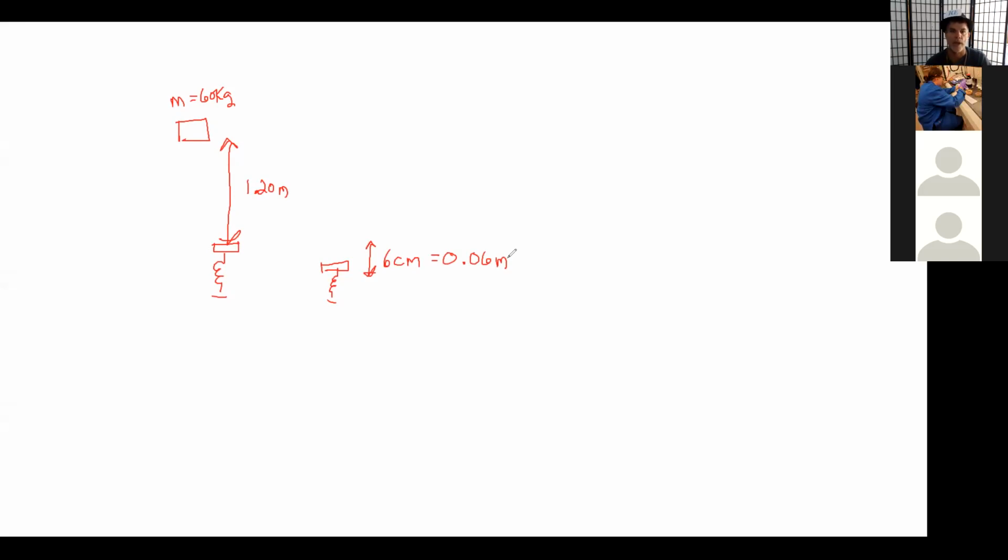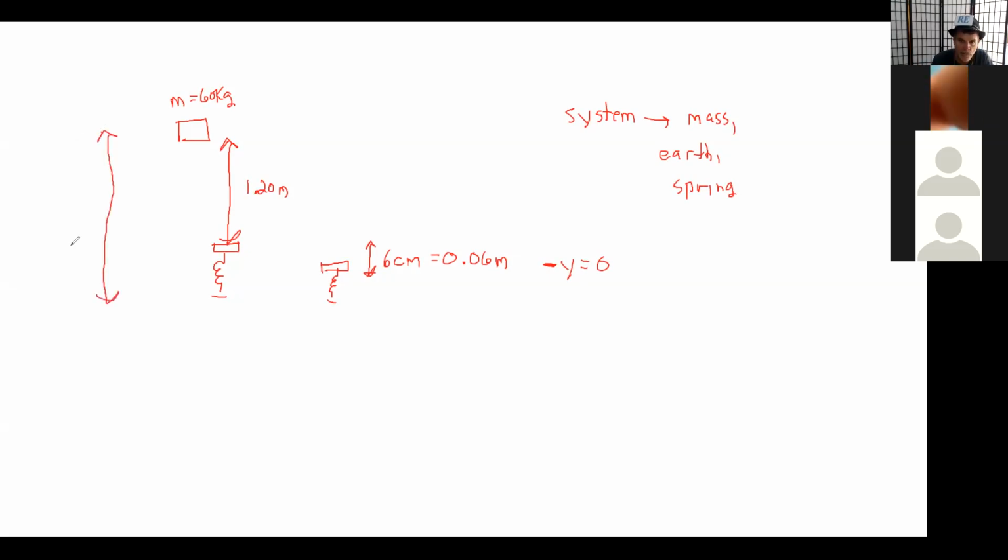Yes, that sounds right. Okay, so here I would define my system as the mass, the Earth, and the spring. I'm going to define y equals 0 to be when the spring is compressed the most that it is. So my initial height is going to be 1.26 meters. My final height is going to be 0.